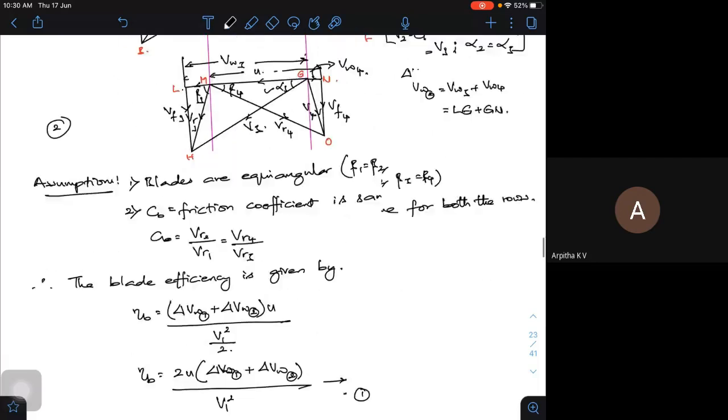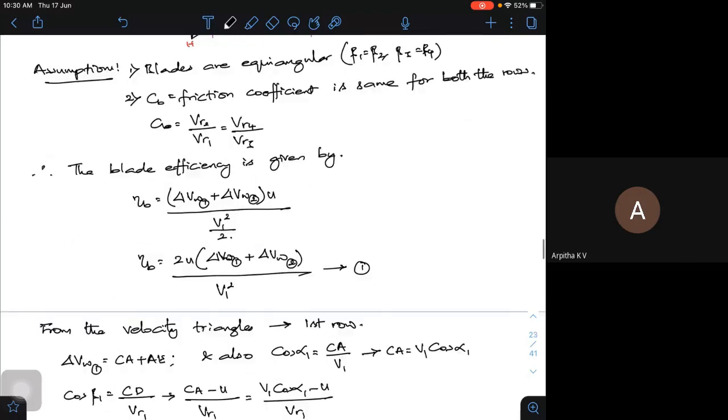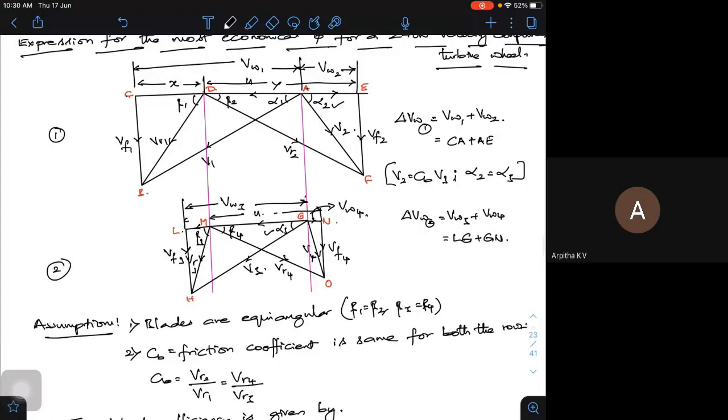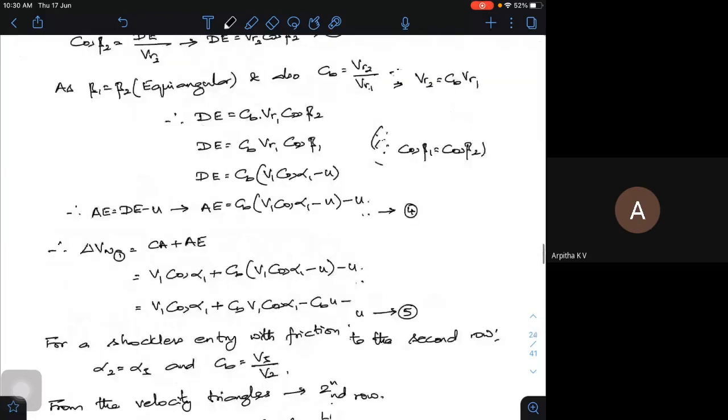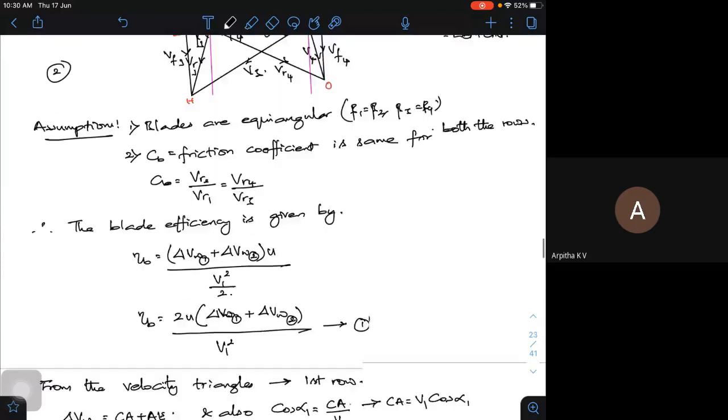You see, we got this particular thing: AE is equal to DE minus U. Similarly, what I will do, Gn is equal to Mn minus Mg. Okay, Mn minus Mg.